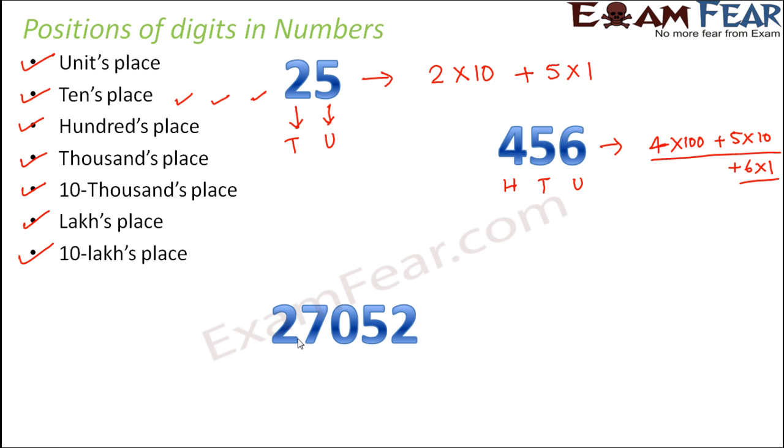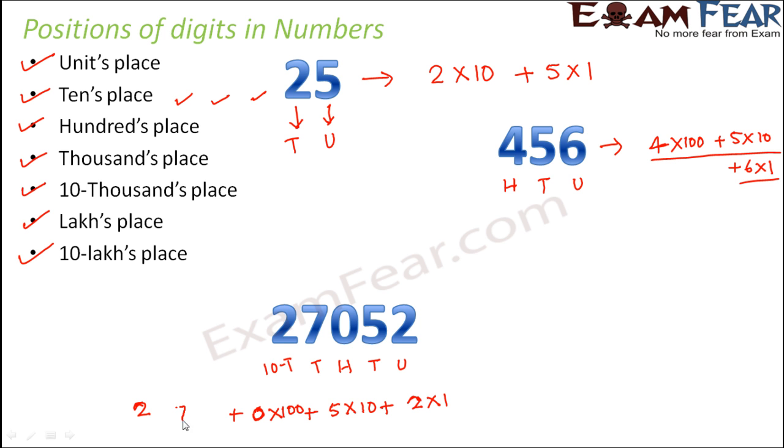Here you have a 5-digit number. So this would be units, tens, hundreds, thousands, 10,000s. Let us start from the units place. This would be 2 into 1. Next is 5, that is tens place, so that would be 5 into 10. Next is 0, which is at hundreds place, so this would be 0 into 100.